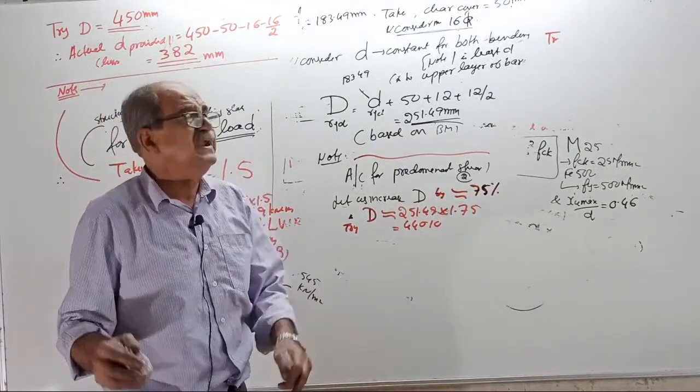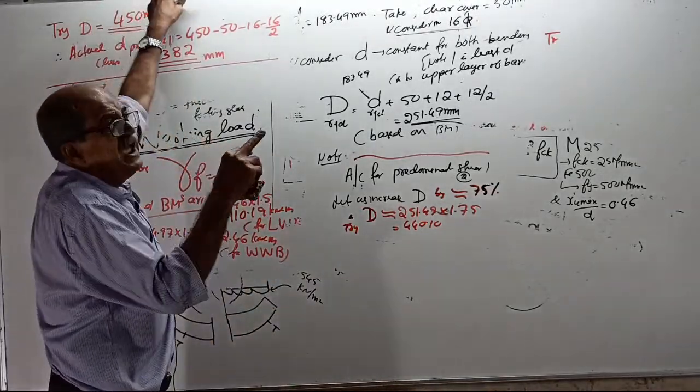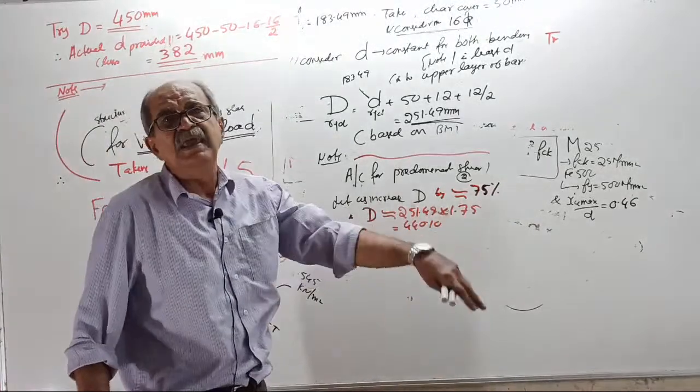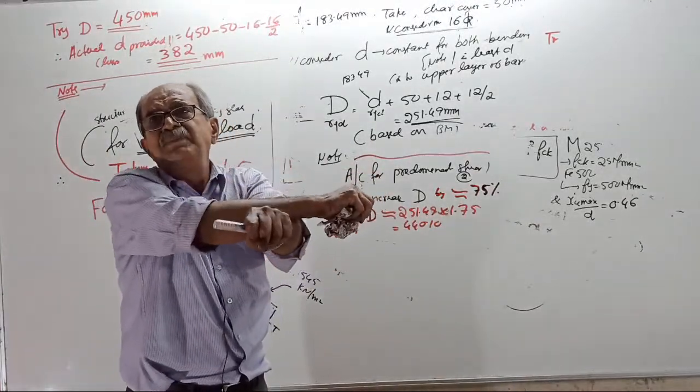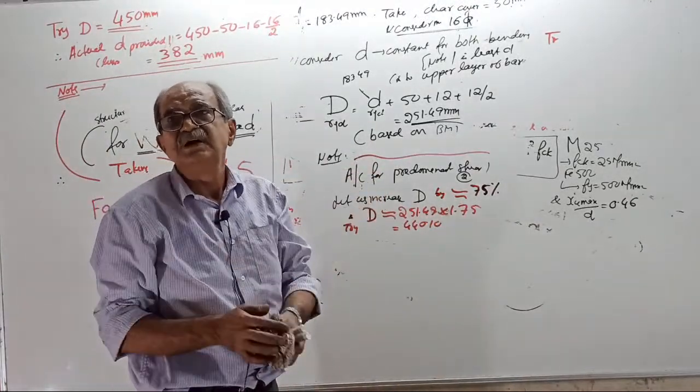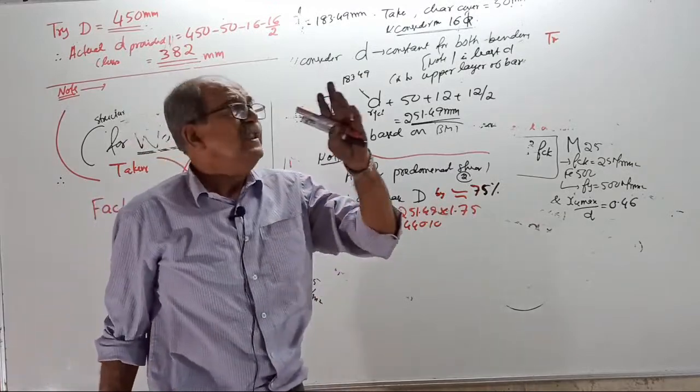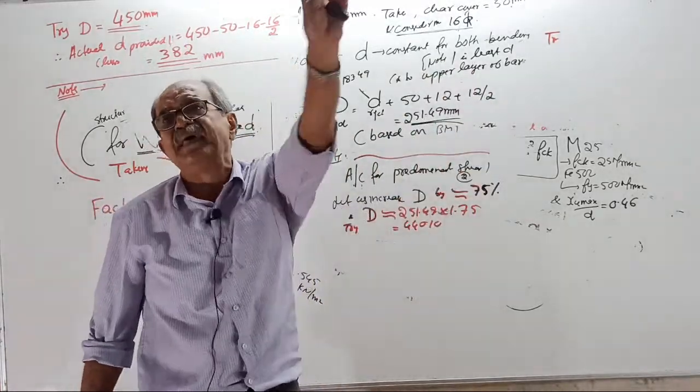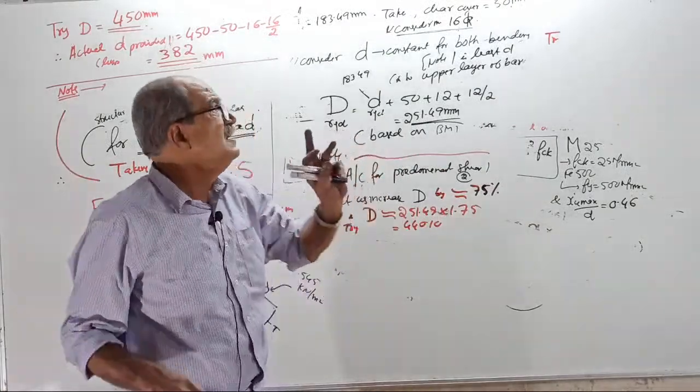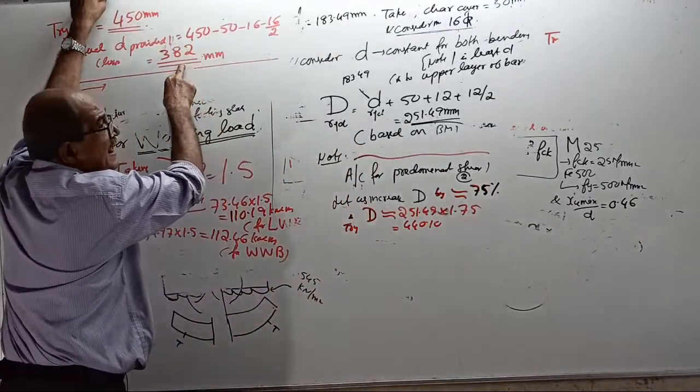Why? Safer side. So even though D changes, we consider the same D for both the steel. This is to take care that let them place the steel whatever way they want. You are safe. Why? This much D is guaranteed there.